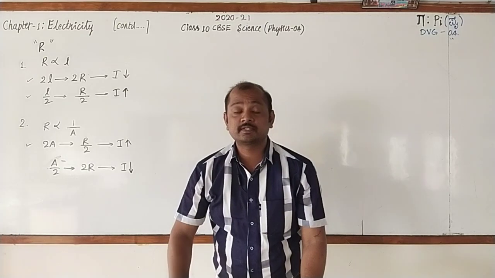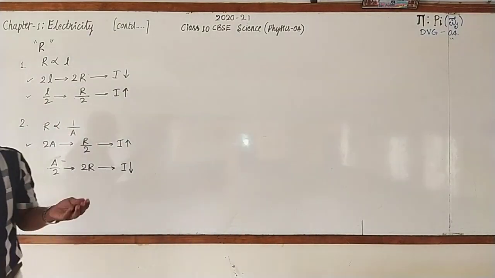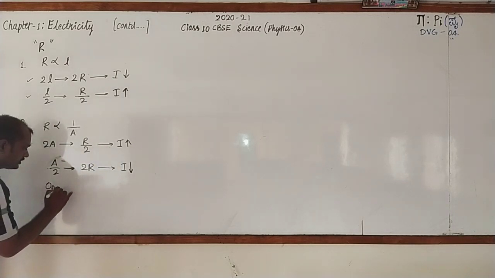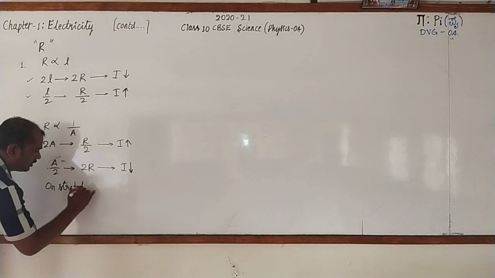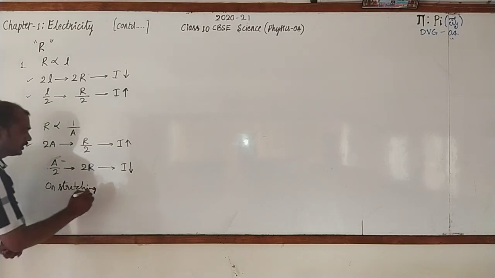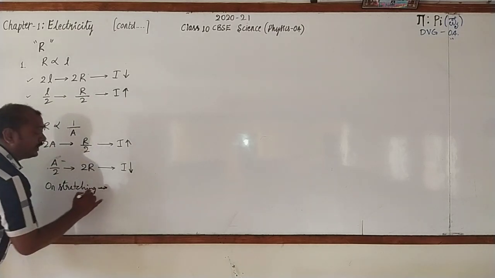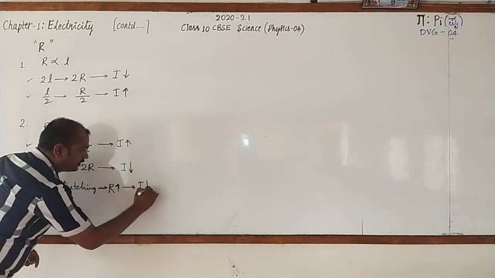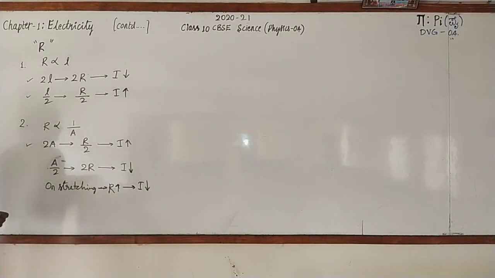Hence, electric resistance increases. When electric resistance increases, again the current decreases. Look here, on stretching the wire, you can say that electric resistance increases, then current decreases. Clear?